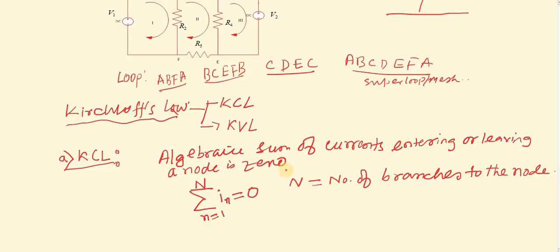At any node there may be different branches connected. In this case, this is the node and two branches are connected. Likewise, N is the number of branches to the node, and in is the nth current entering a node.